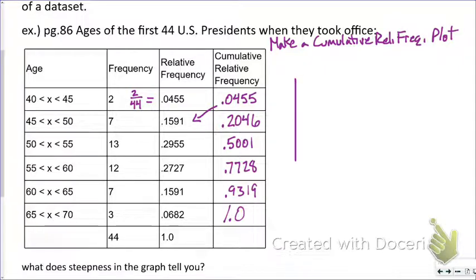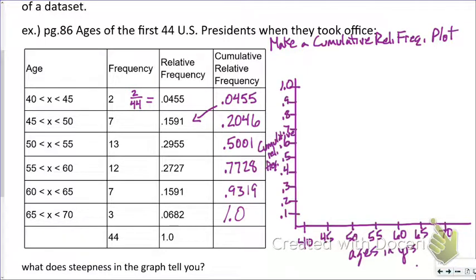You start out by making quadrant 1 of a graph, and you make a tick mark for each edge of the class. So I'm going to start at 40, go by 5s, and end at 70. All right, so there are our axes.